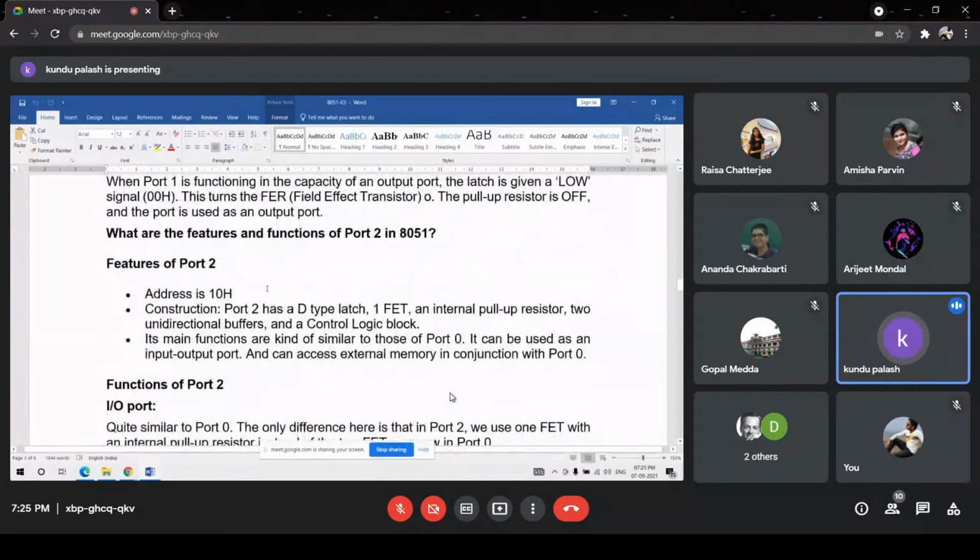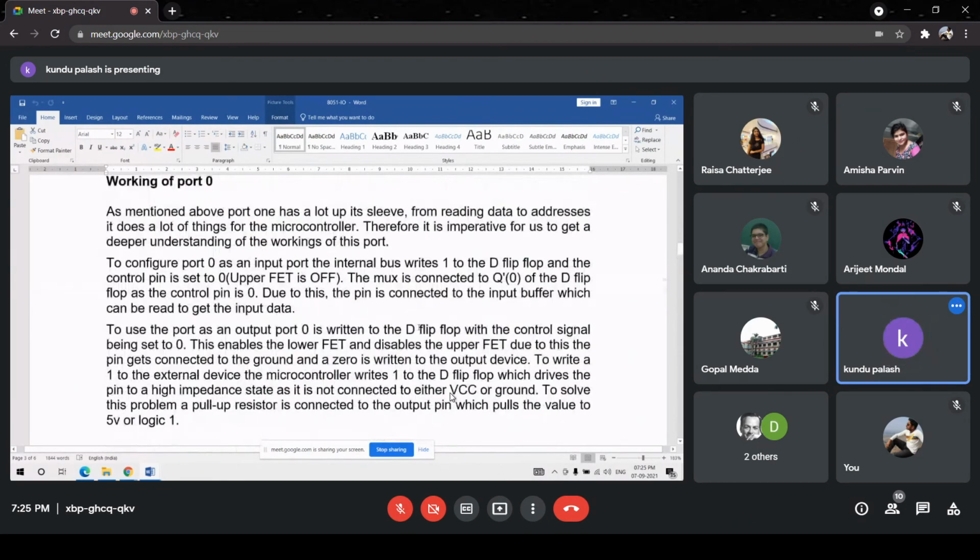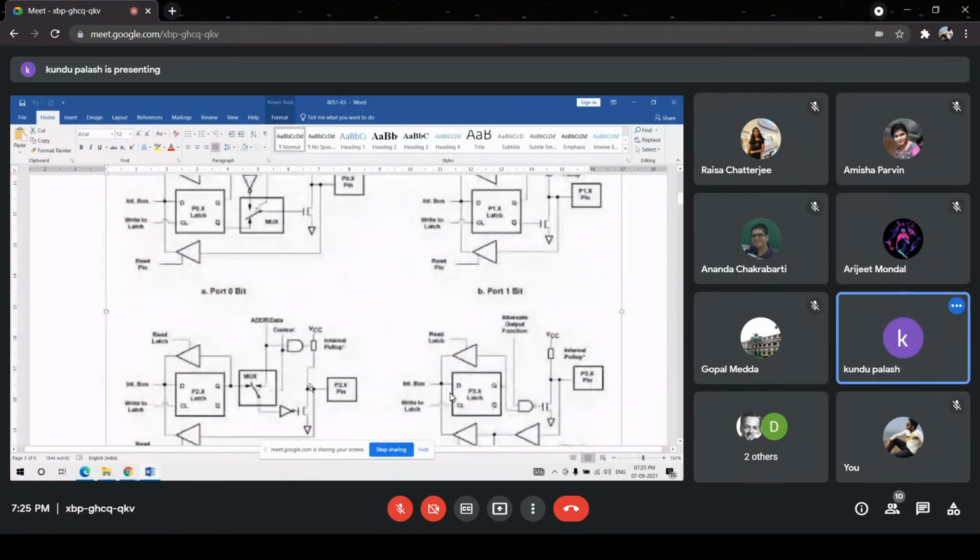The address location of port 2 is A0 hex. By construction, port 2 has a D-type latch, one FET transistor with internal pull-up resistor, two unidirectional buffers, and a control logic circuit, according to the functional diagram, like this.